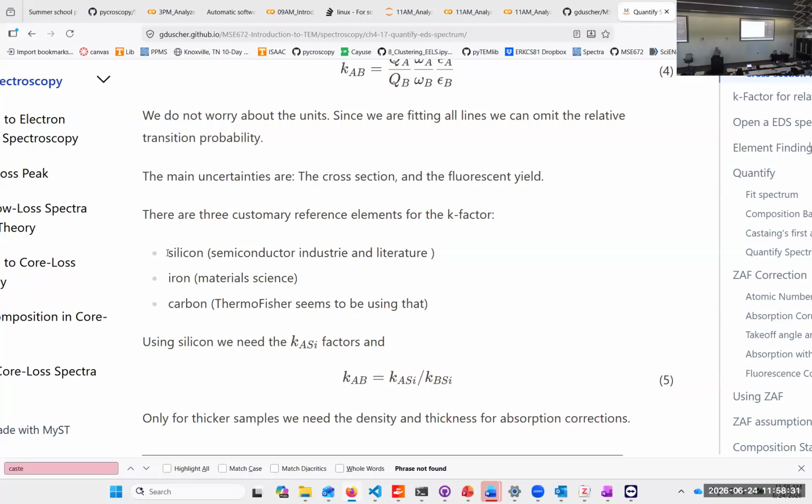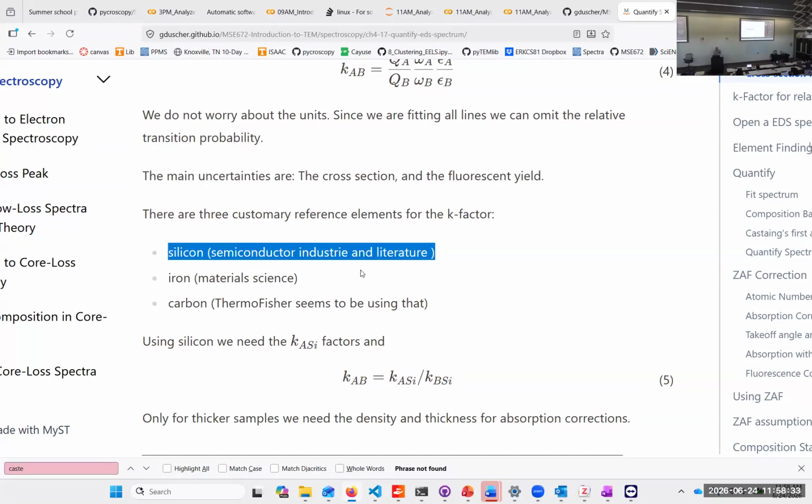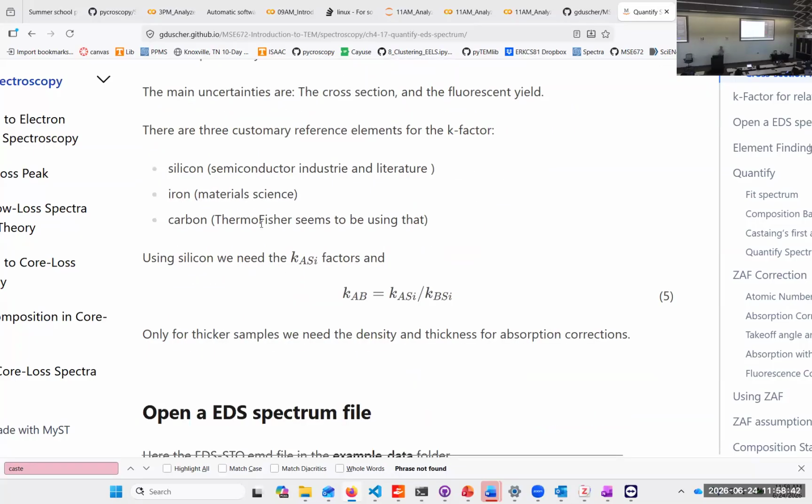The references, as I said, usually it is silicon or iron. If I remember right, in our microscope it is silicon. Iron would have the advantage that it is in the middle of most spectra, the energy scale of most spectra.